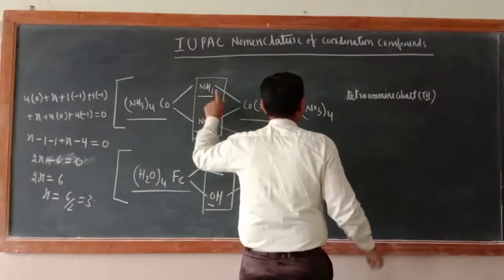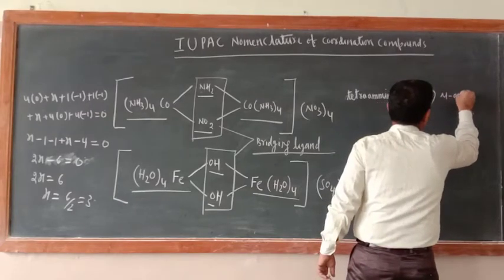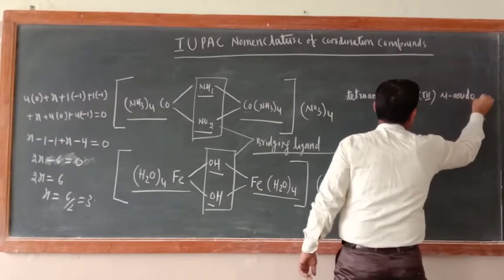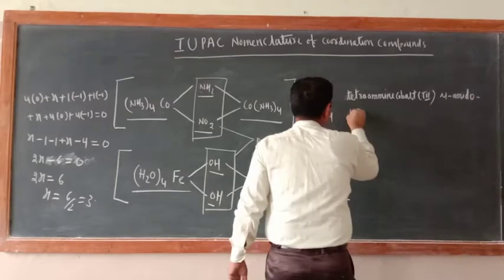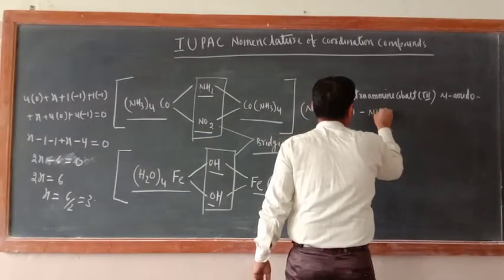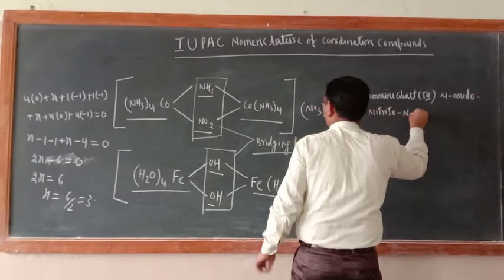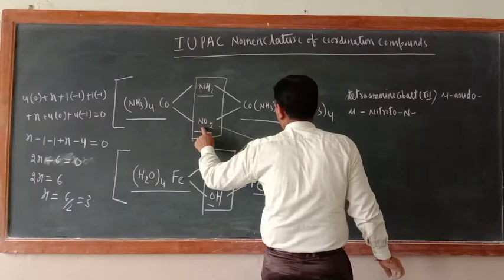Okay, then mu, this is mu amido, then mu nitrito N. Okay, because N is the binding site here.